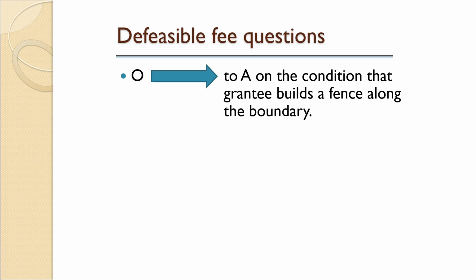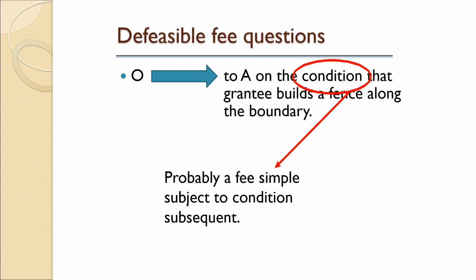"To A, on the condition that the grantee builds a fence along the boundary of the property." Here the key is the word "condition." Probably a court would construe this to be a fee simple subject to condition subsequent. Now, a few courts have said that to make it a fee simple on condition subsequent, you need some language about re-entry.